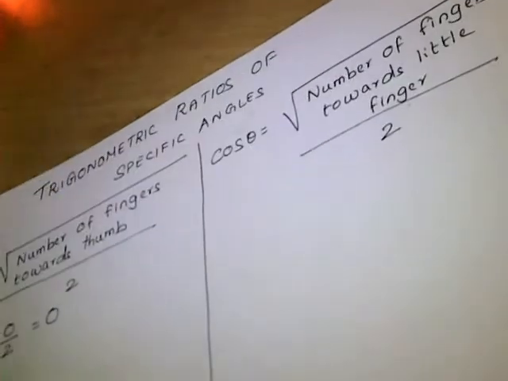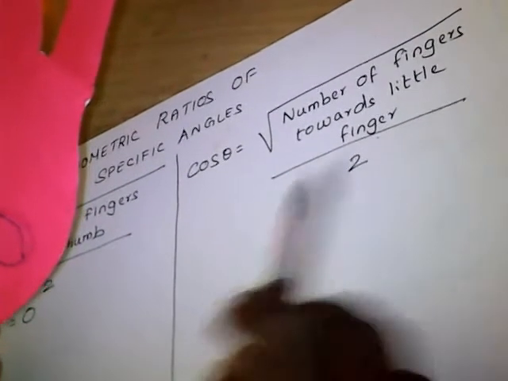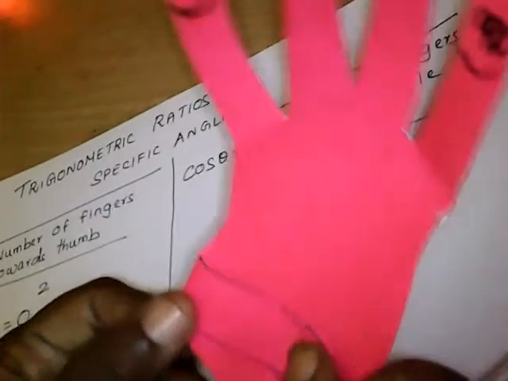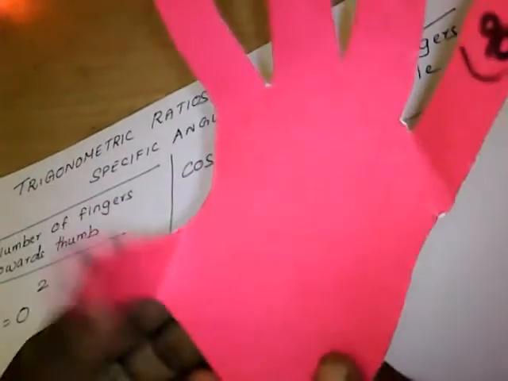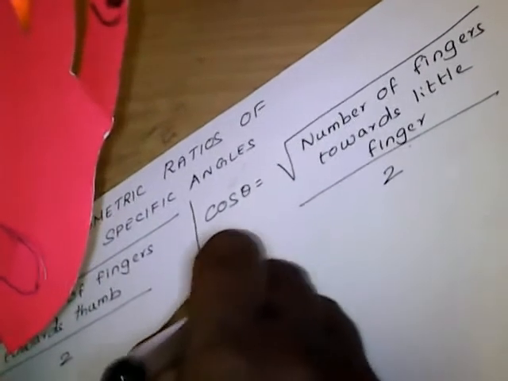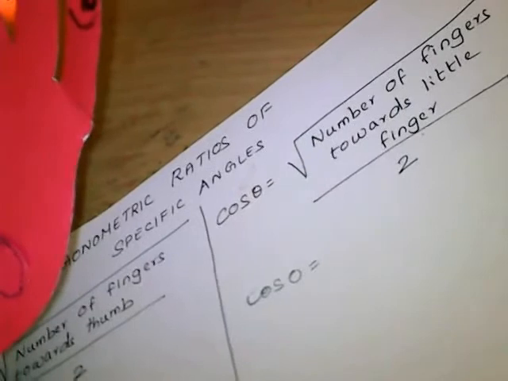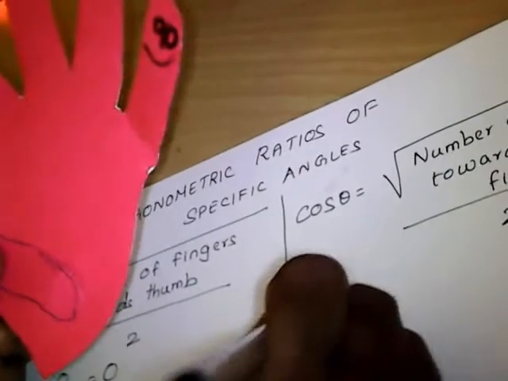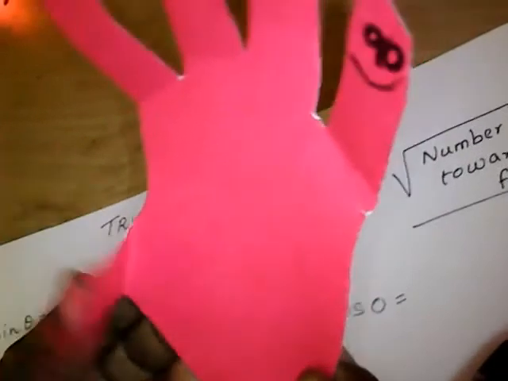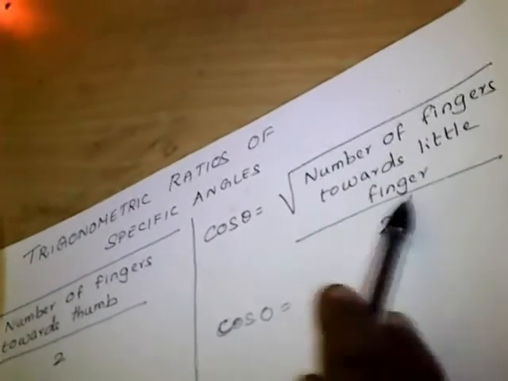Okay. Next, we will see cos theta. Cos theta is nothing but root of the number of fingers towards the little finger by 2. They are asking 0 degree only, so I am folding 0 degree. Cos 0 we are going to find out. What is the condition? Root of the number of fingers towards the little finger by 2.